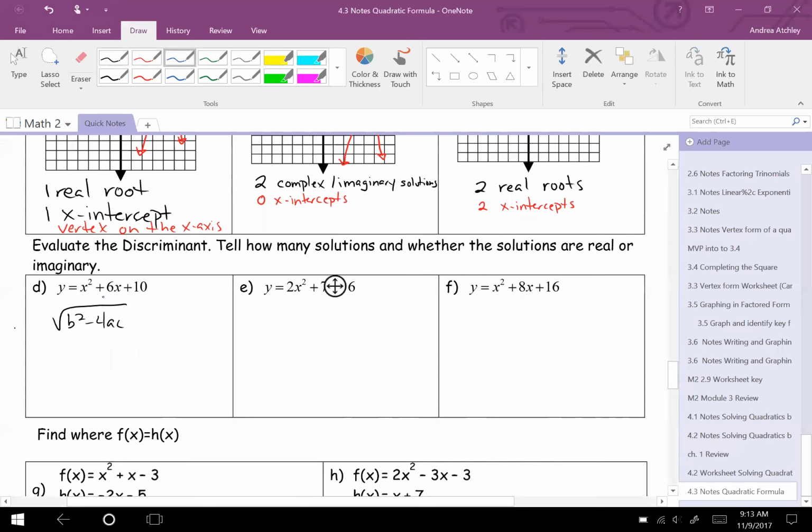We have our b value of 6, so that's 6 squared minus 4 times my a value, which is 1, times our c value, which is 10. That's going to give me 36 minus 40, which gives me negative 4.